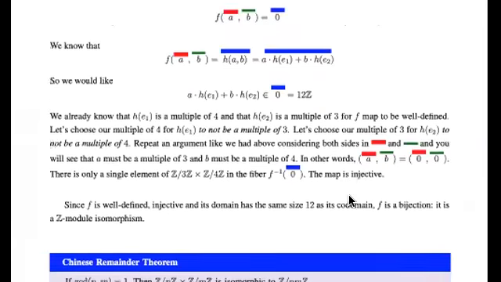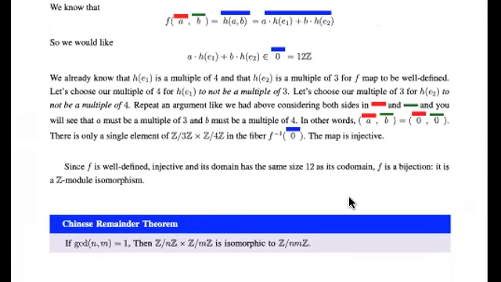Okay, so we have a theorem right here. If n and m don't share any common factors, so their greatest common divisor is 1, then this Cartesian product of Z mod nZ and Z mod mZ is actually going to be isomorphic to this.